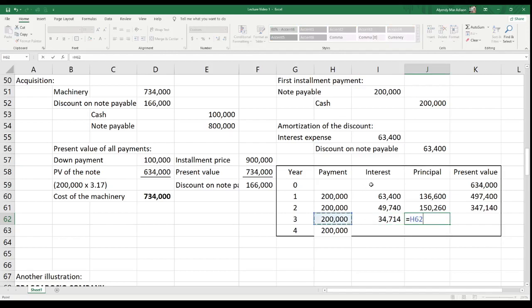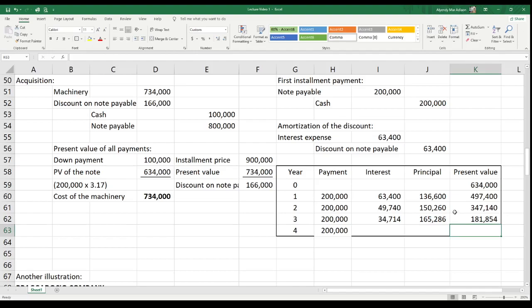For the principal, the 200,000 payment minus the interest of 34,714 gives the principal of 165,286. So, 347 minus 165 gives you 181,854.